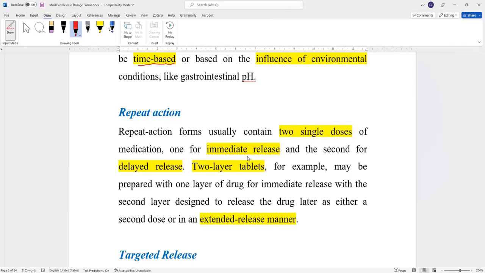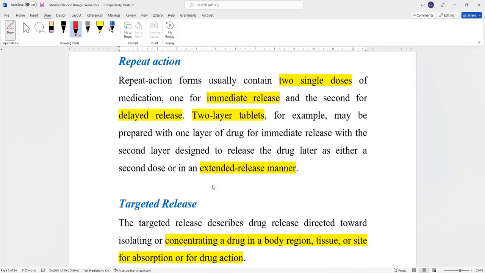Now this happens either as an immediate release dosage form after 4 hours, for example, or as an extended release tablet. That is after the release of the drug from the first layer. So the second layer starts later.